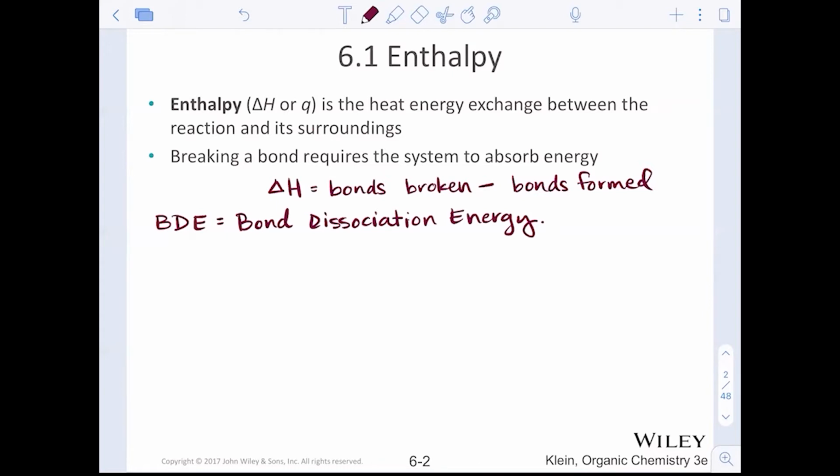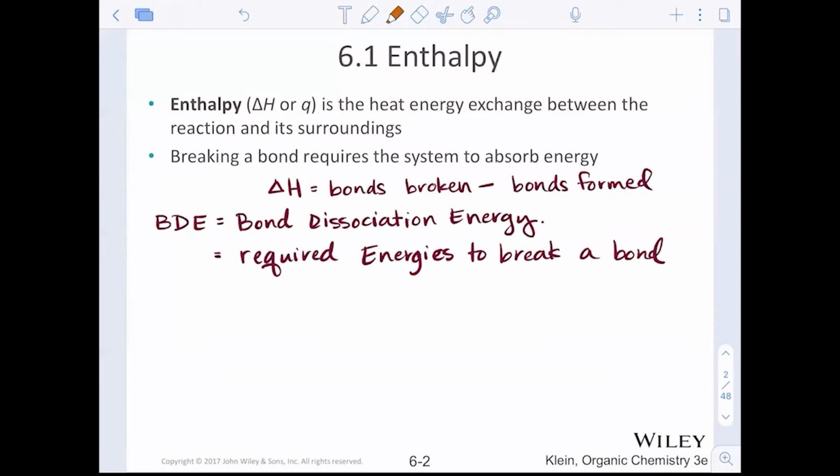And in order for us to break a bond, we actually have to put energy into the bond. We have to pull it apart. And in order to do that, it requires energy. So these are all the required energies to break a bond.